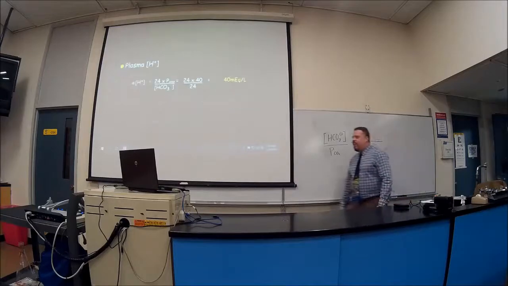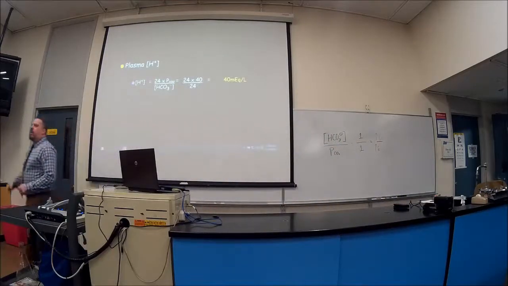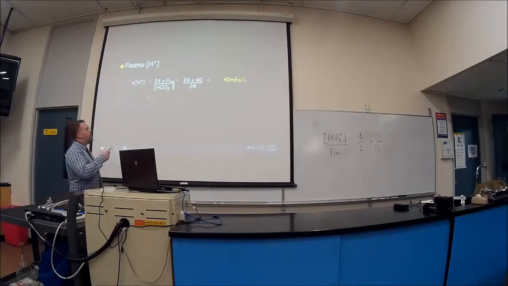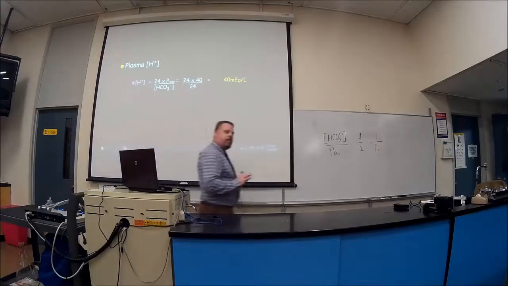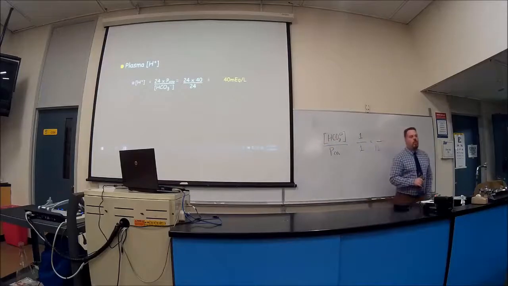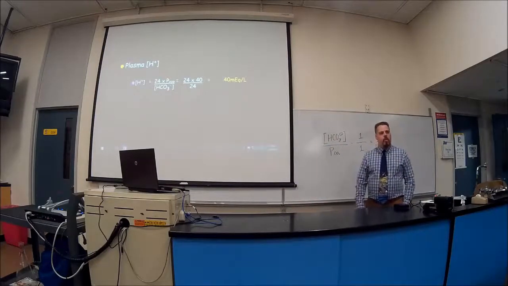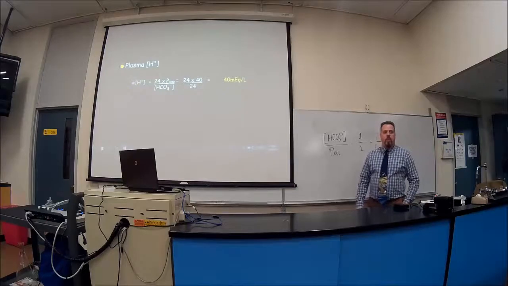Okay. All right. The plasma concentration of hydrogens. The way they figure it all out is through here. I'm not going to ask you to calculate this. I just want you to understand that the concentration of hydrogens in our bloodstream is about 40 milliequivalents per liter. You should know that number, all right? Especially when you go into other fields. They're going to be using these numbers, if it's too high or too low. Well, let me tell you this.